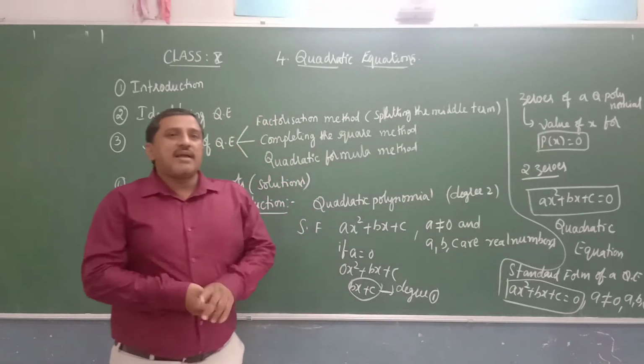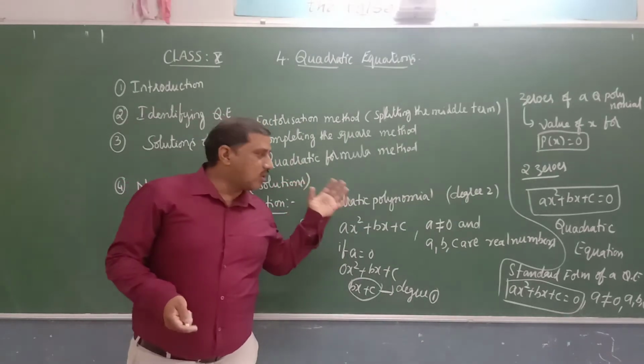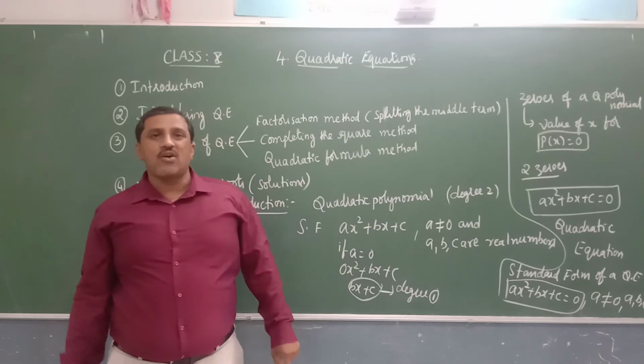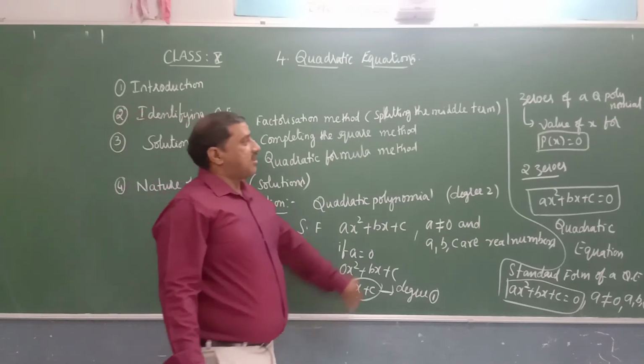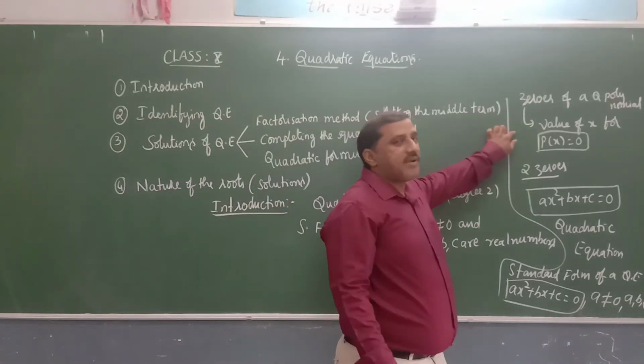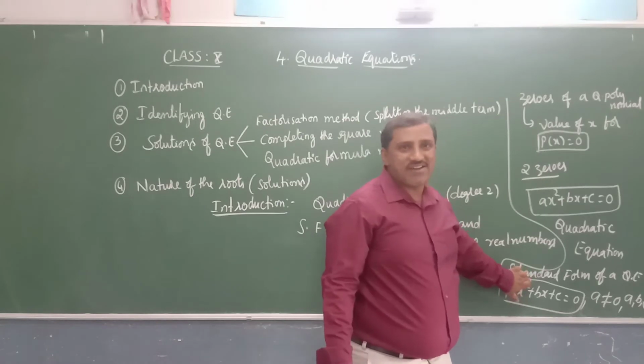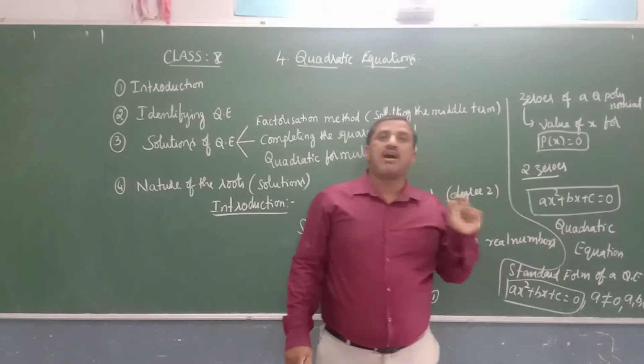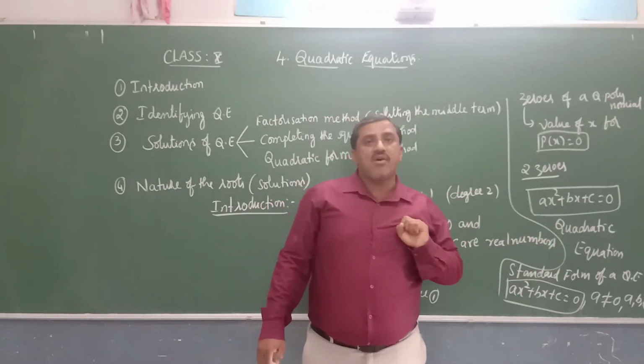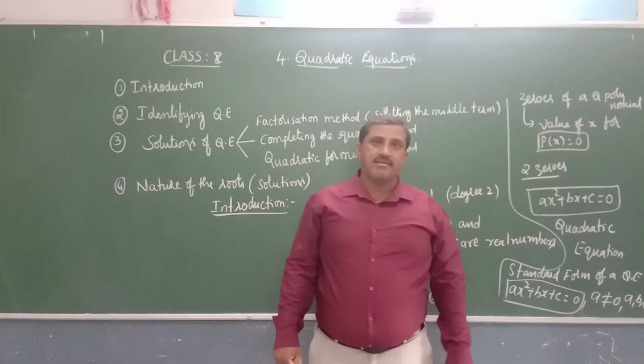So any quadratic polynomial which is equal to 0 is known as a quadratic equation. Now the zeros of a quadratic polynomial we call, for a quadratic equation, the solutions or roots of the quadratic equation. Is it clear, children?